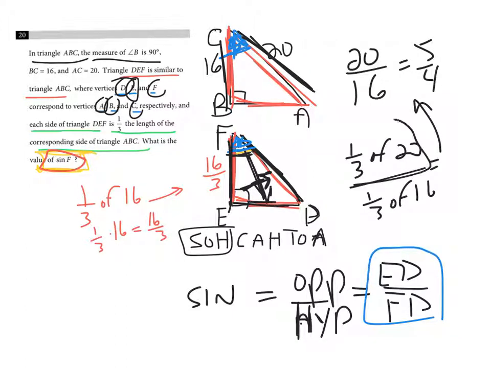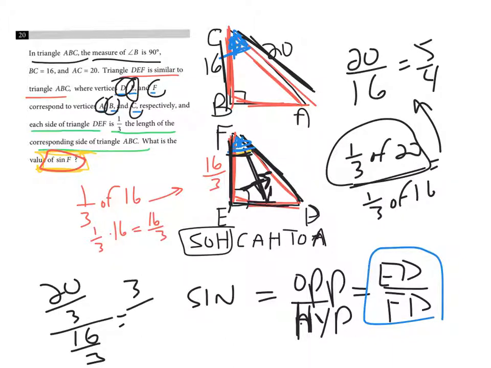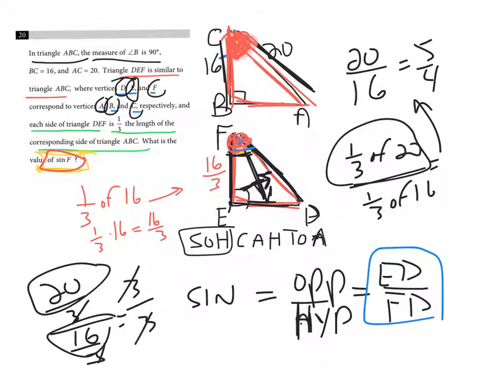If I reduce this, 20 thirds over 16 thirds, and I multiply both the top and the bottom by 3, I'm still left with 20 over 16. So basically the sine of F is the same as the sine of angle C. And that's the trick to the question, because to find the sine of angle C is a lot easier.